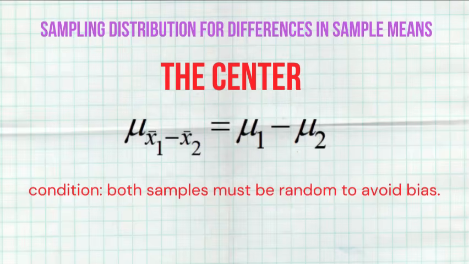The center would be the mean of all possible differences between a sample mean from population 1 and a sample mean from population 2. And the center, or the mean of all of those possible differences, should be the true difference between the population mean from population 1 and the population mean from population 2. Now, of course, the samples have to be random to avoid bias.